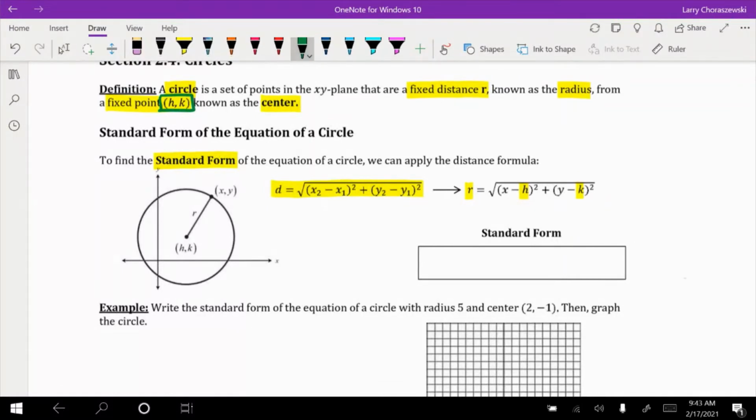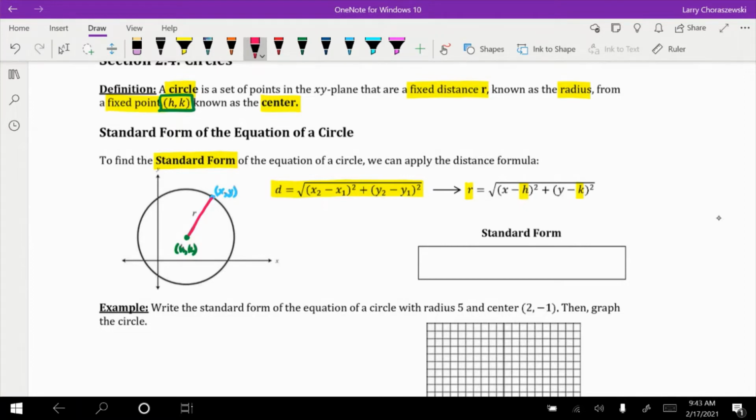If you look, we have the center h comma k plotted. It's at the very middle of the circle. And then there's a generic point on the circle with coordinates x comma y. If we wanted to examine the distance between these two points, we could use the distance formula.